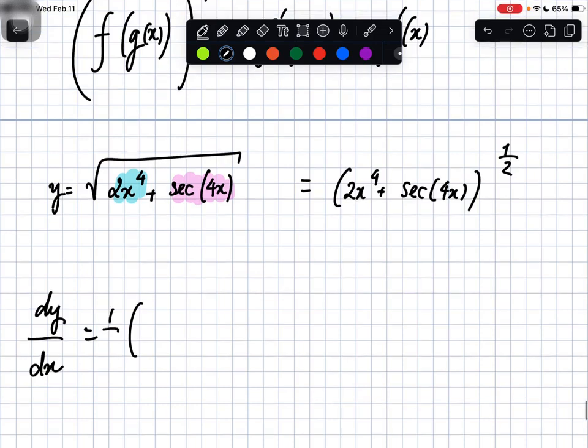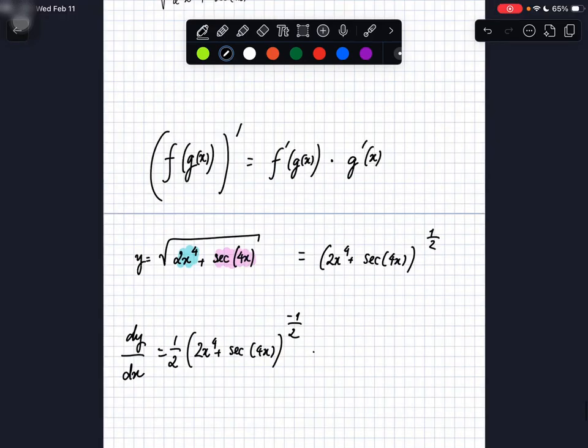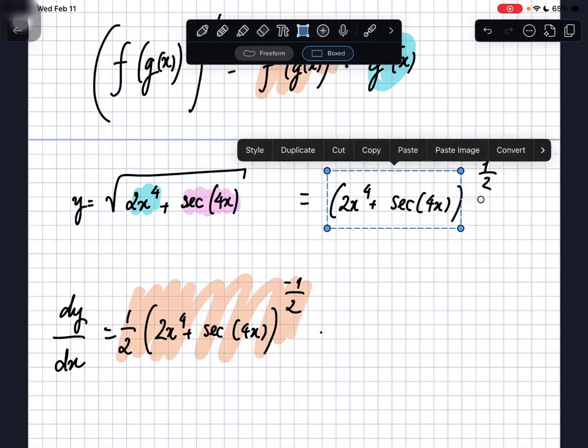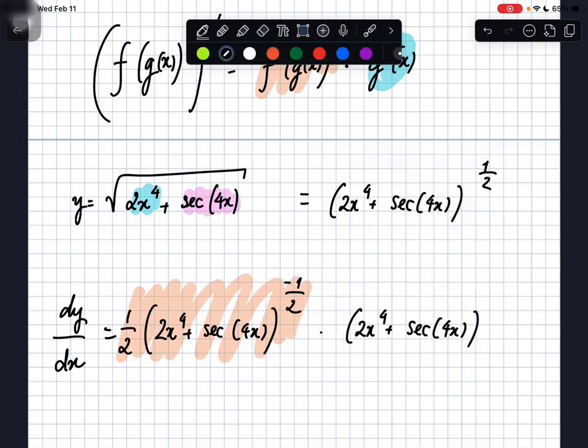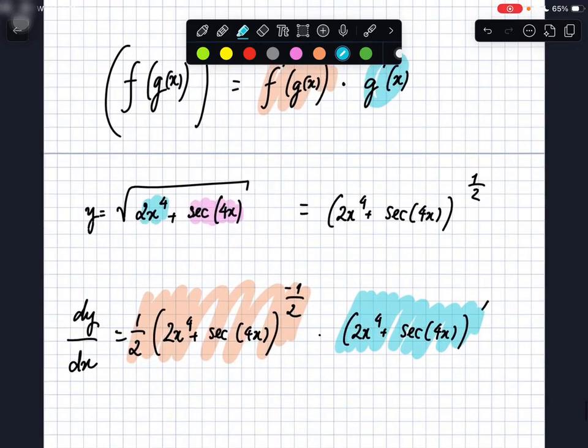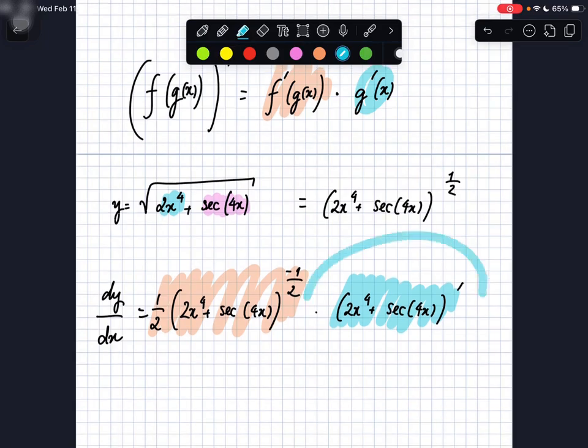So now we have the prime, that's 1/2 times 2x to the 4 secant 4x to the 1/2 minus 1, minus 1/2, that is f prime of g of x, now times g prime, which is this one prime.